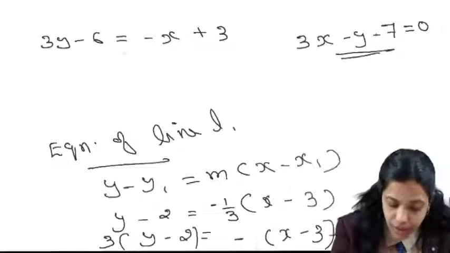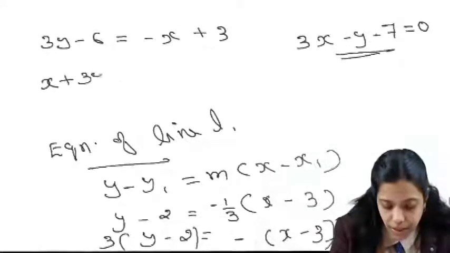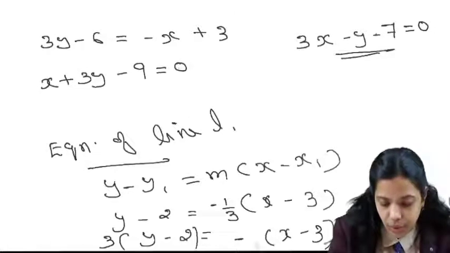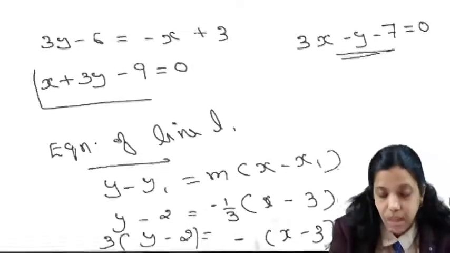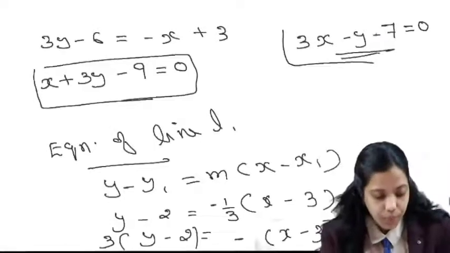We can transpose all the terms to the left side. x plus 3y minus 6 minus 3, which means minus 9, gets you 0. So these are the equations of the two lines: 3x minus y minus 7 equals 0 and x plus 3y minus 9 equals 0.